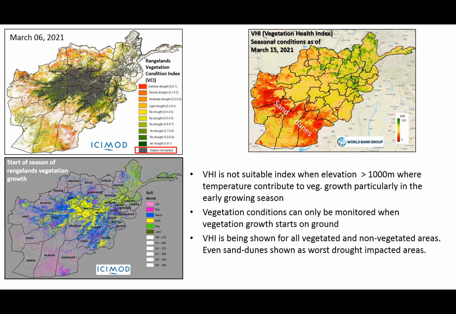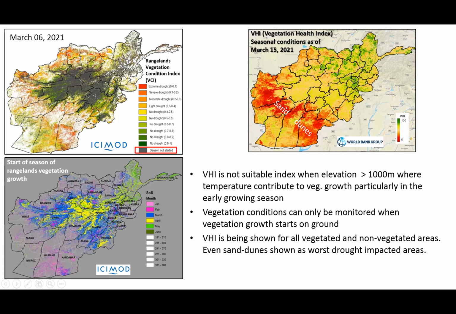For example, one data set used in this particular study measures vegetation anomaly without considering that you are putting a formula in an area where there is no vegetation. In sand dune areas, it is not possible to grow vegetation. So putting some sort of equation there doesn't make sense.